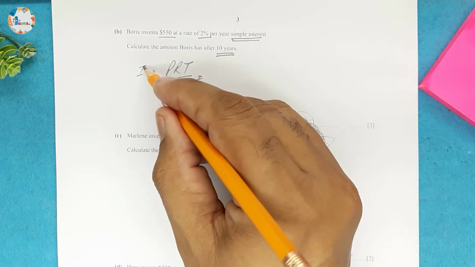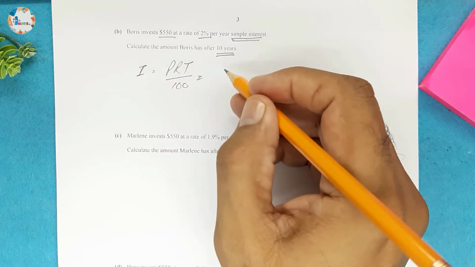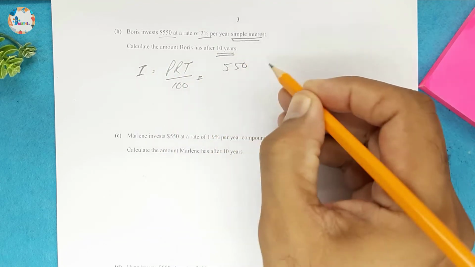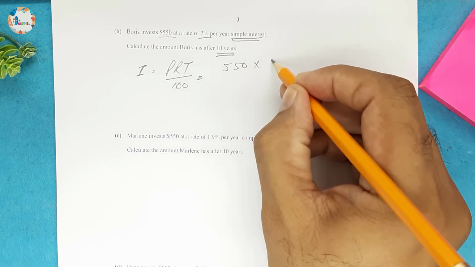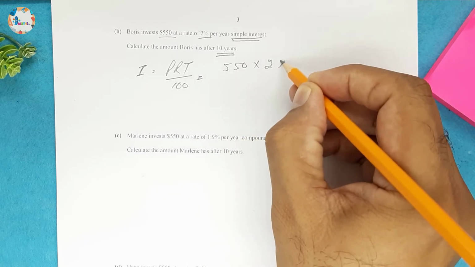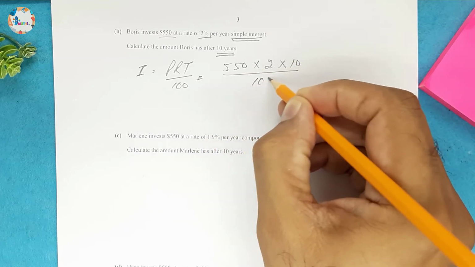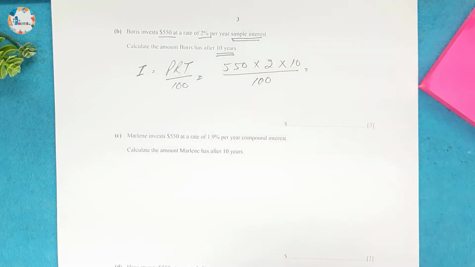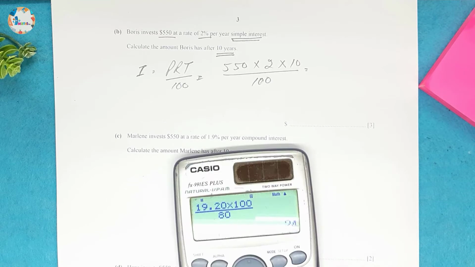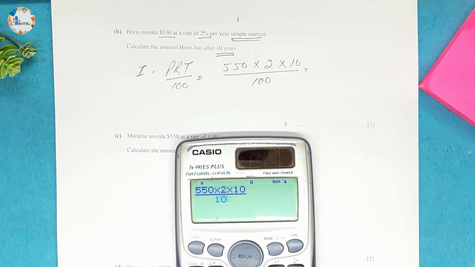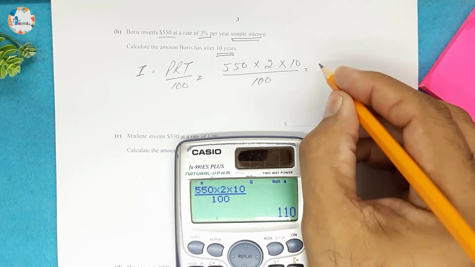P is the principal amount, 550, rate is 2%, and duration is 10 years, over 100. So 550 into 2 into 10 divided by 100 results in 110.